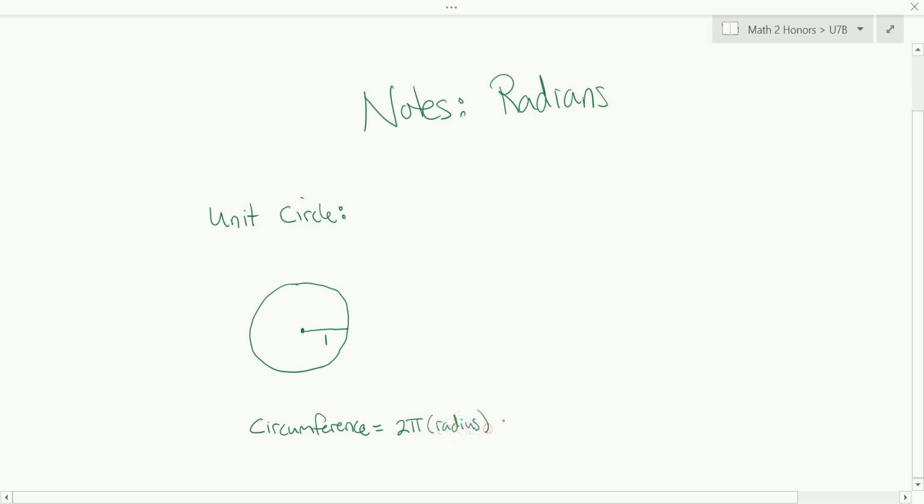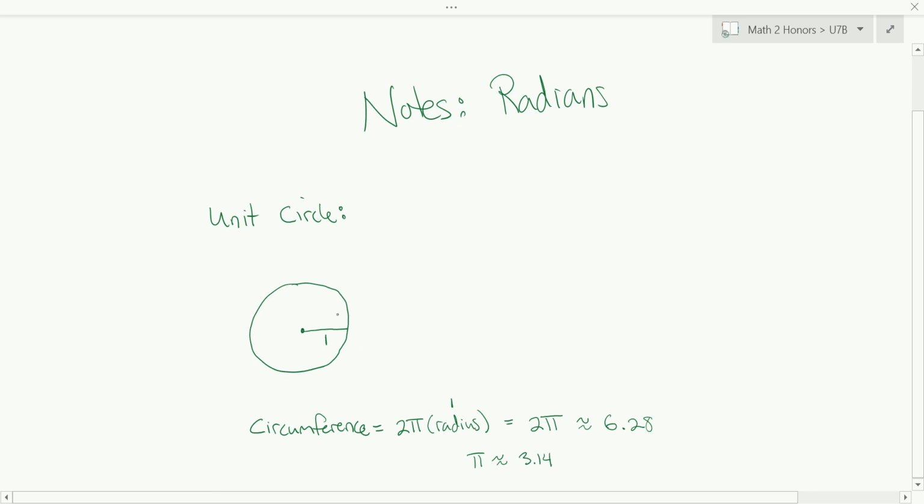But in this case, what's our radius? 1, right? So what's 2 times pi times 1? 2 pi. And what's an approximation for pi? 3.14. And so then 2 pi would be roughly what? 6.28. Okay. So if the radius is 1 unit, whatever the unit is, then the distance around that circle is roughly 6.28 of that same unit.